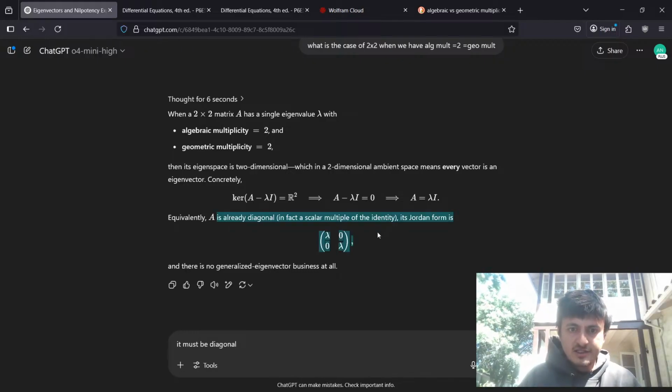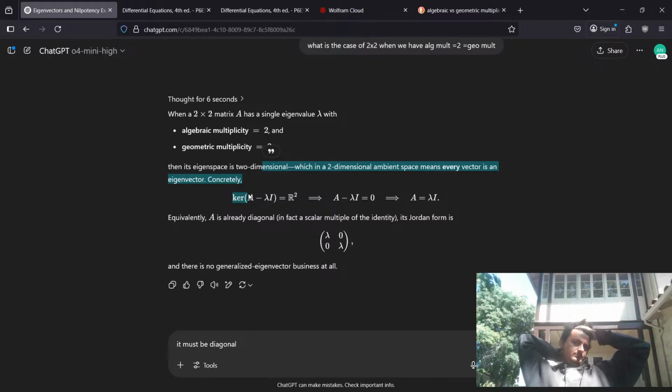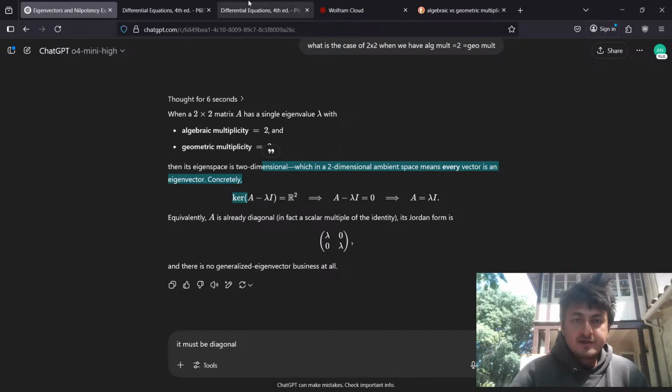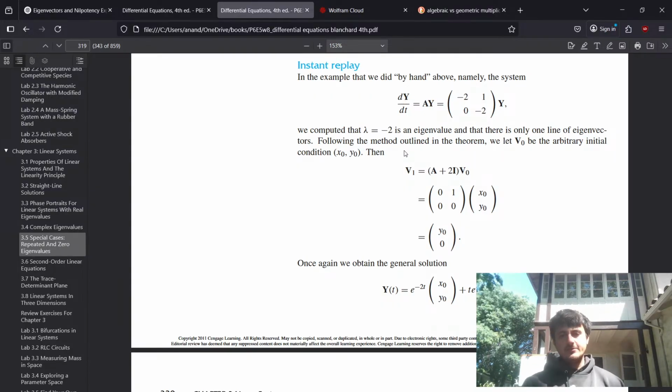A is already diagonal. But for a 3 by 3, it doesn't have to be the case that every vector, it just has to be every vector in that eigenspace. So on that plane. All right, so let's keep going because we could spend forever getting into the cool parts of this.